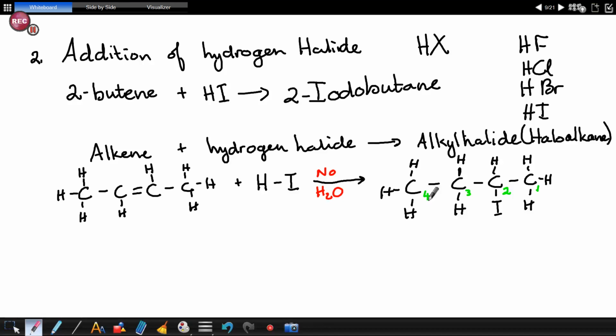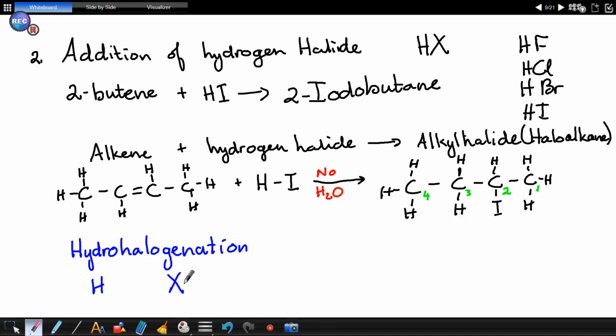This type of addition reaction, is it called hydrohalogenation? Yes. So this one is called hydro, because you're adding hydrogen, halogenation, because you're adding the halogen.